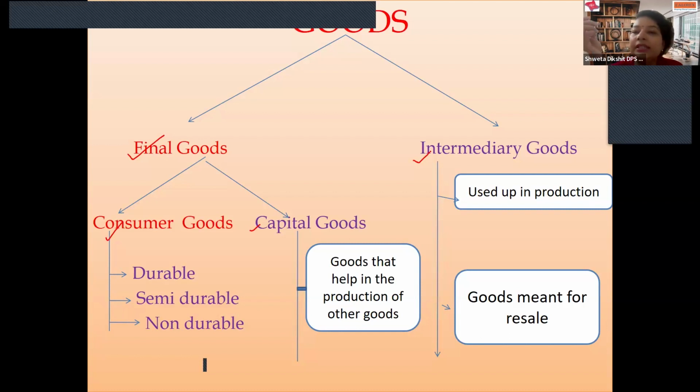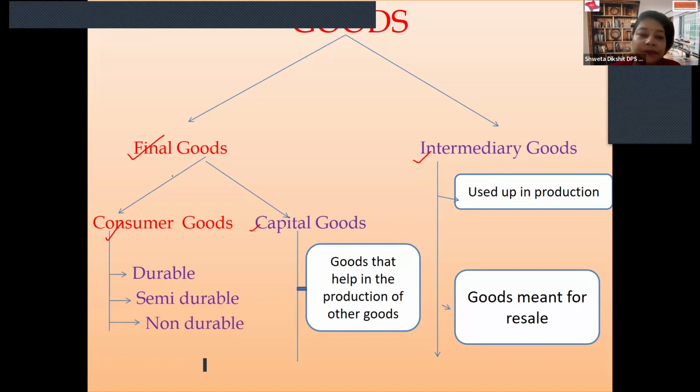Whereas if I feel that this pen can be changed with a refill, I can put a new refill into it, and this pen using the new refill can become something new. That means value addition could be done and it's still an intermediate good. So what does it mean? The same thing can be a final good and an intermediate good at the same time depending on its usage.